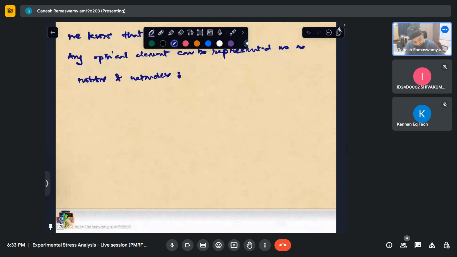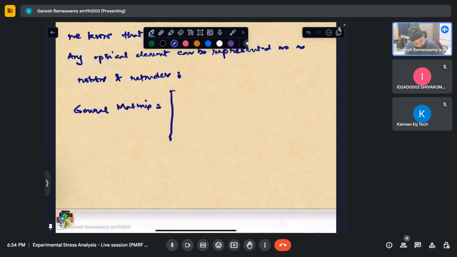So the matrix, rather, let me say the general matrix for that is cos delta by 2 minus I sin delta by 2 cos 2 theta, and this is minus I sin delta by 2 sin 2 theta.